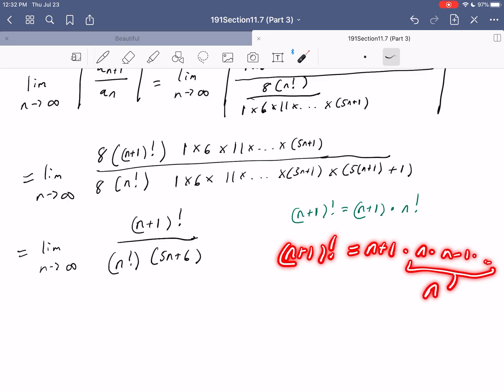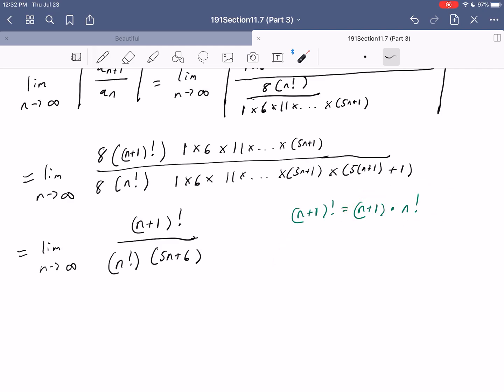All of that is n factorial, so we get that right there. That means we can cancel that factorial with that and just be left with an n plus 1 up top. So we now have the limit as n goes to infinity of n plus 1 over 5n plus 6.